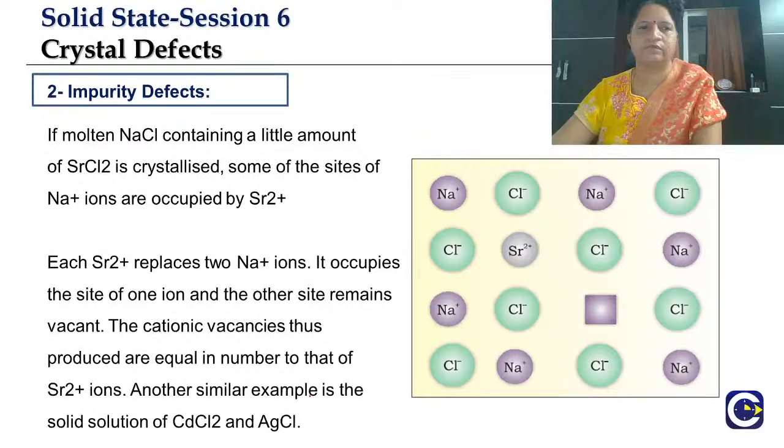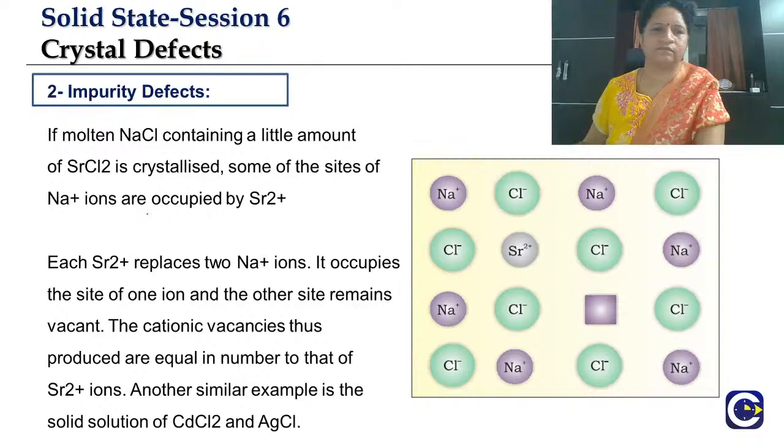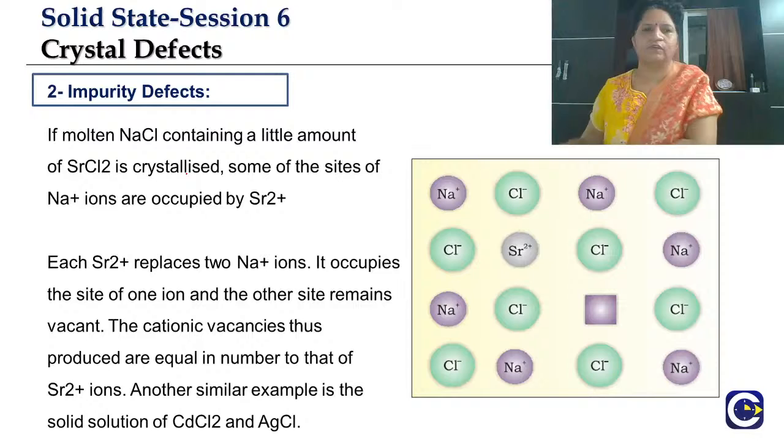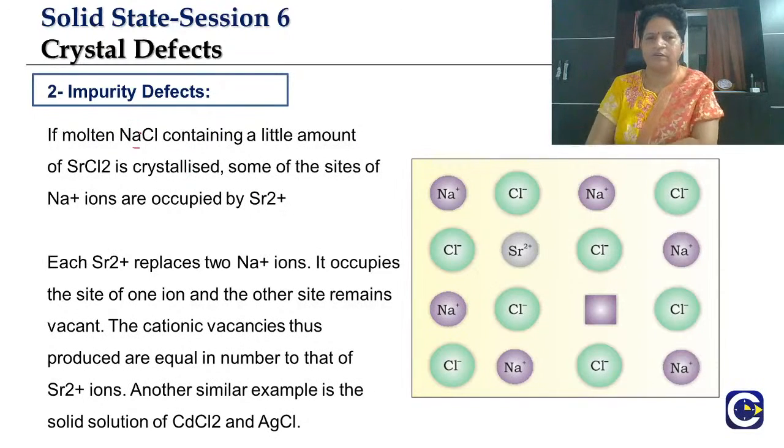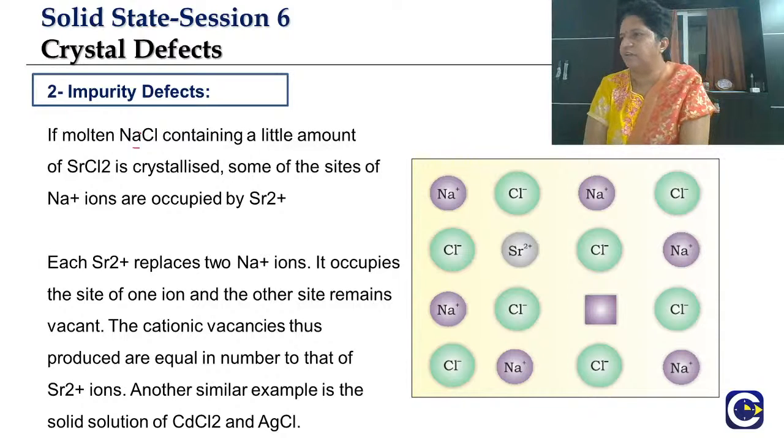Impurity defects. So, for molten sodium chloride, if we have any strontium chloride during crystallization, in case there is some impurity added, what happens?